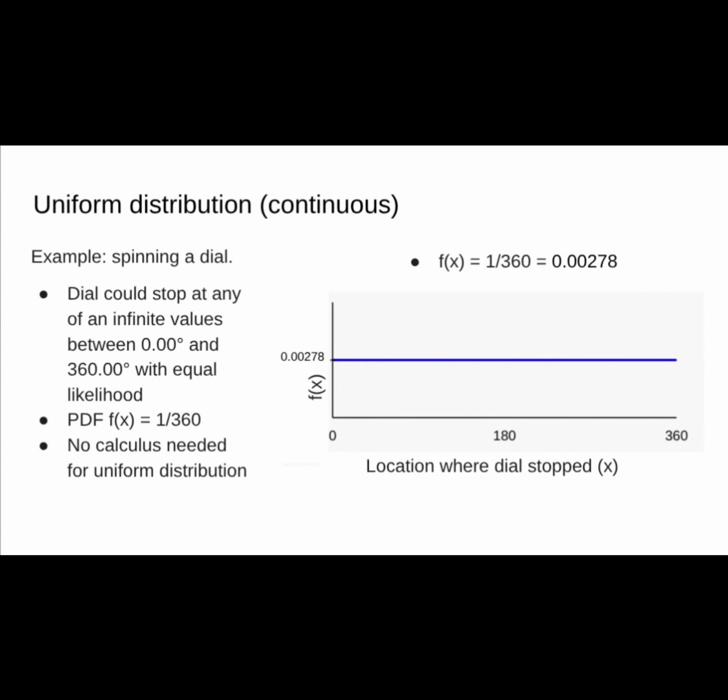The central limit theorem says that for any distribution, it doesn't matter what type of distribution, whether it's a normal distribution, a uniform distribution, or any other type of distribution, if the sample size is large enough, the distribution of the sample means will always look like a normal distribution.